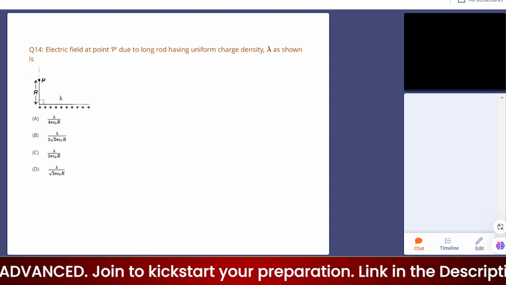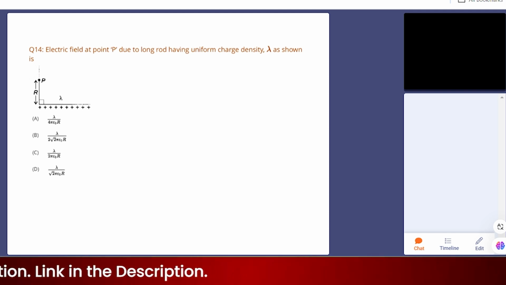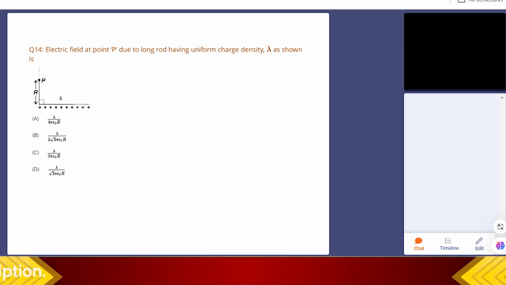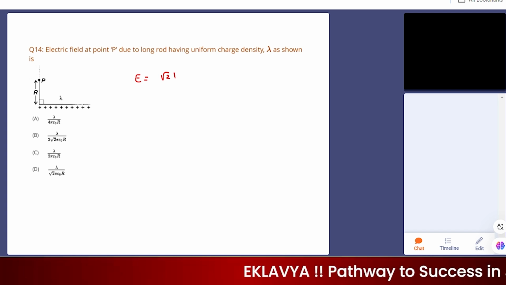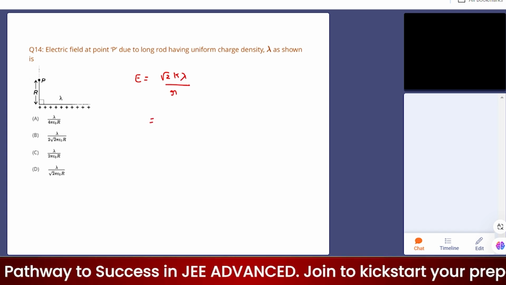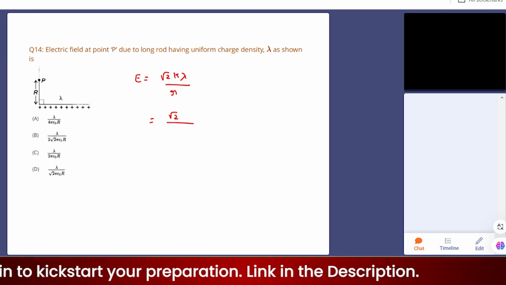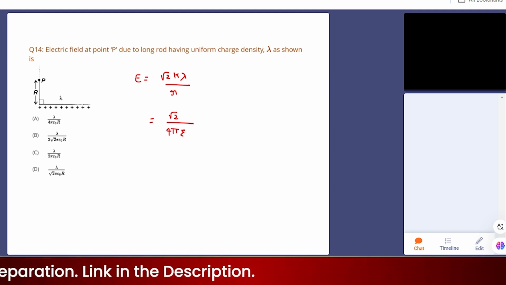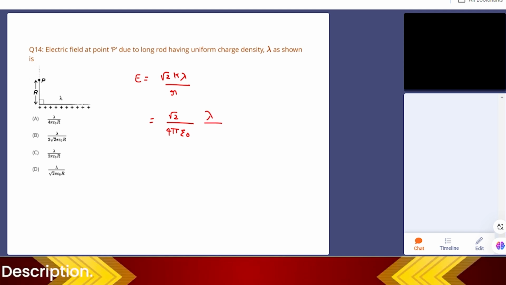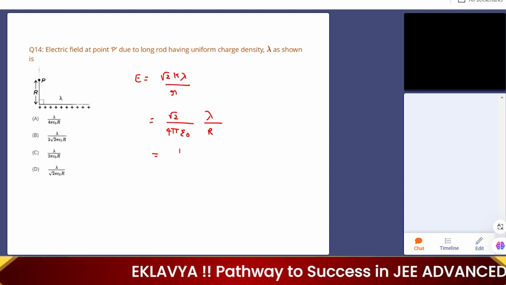Next question. Question number 14. Electric field at a point P due to the long rod having a uniform charge density lambda as shown. This is a semi-infinite wire. For semi-infinite wire, net electric field is given as root 2 K lambda by R. So if you substitute in terms of values, root 2 by 4 pi epsilon naught lambda as it is, because the answers are in terms of lambda and the distance R is capital R. So 4 you can write it as 2 into 2.